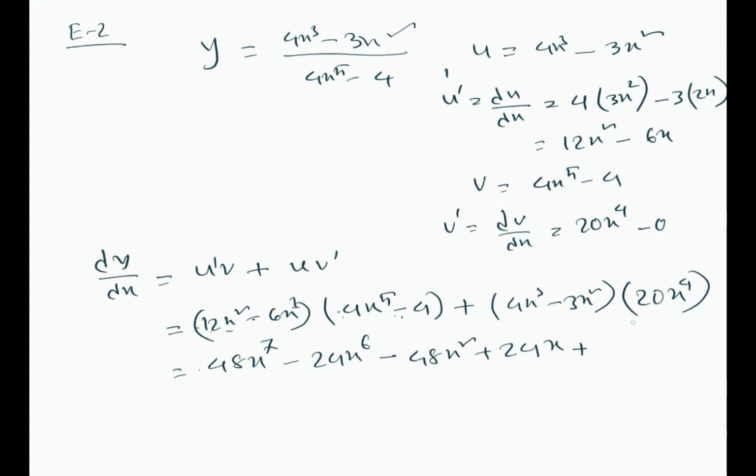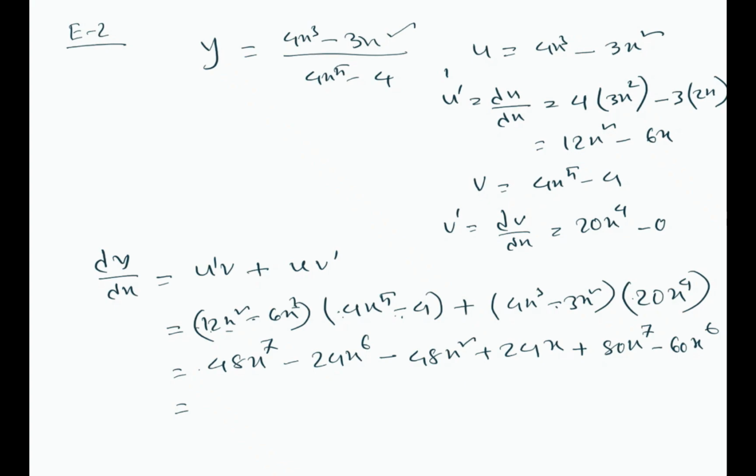Then plus 4 times 20, 80x to the power, here 3 and here 4, so 4 plus 3 is 7, right? Then minus times plus is minus, 20 times 3 is 60, x to the power 4 plus 2 is 6, right?